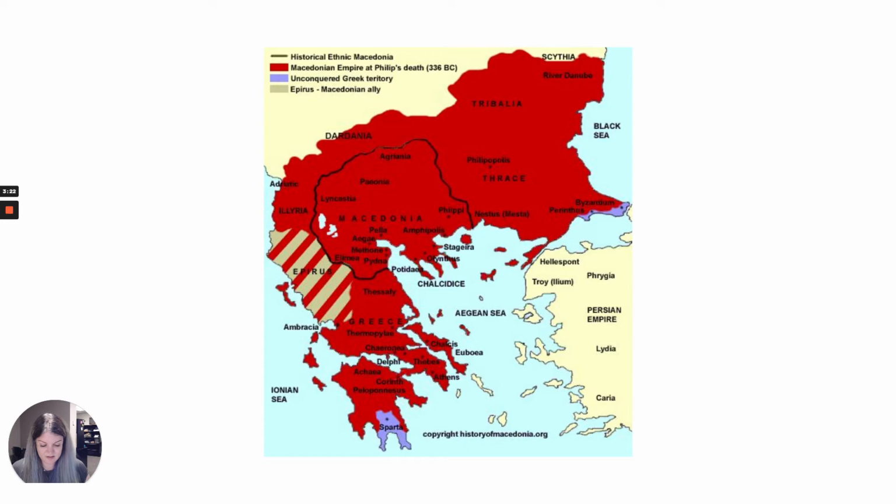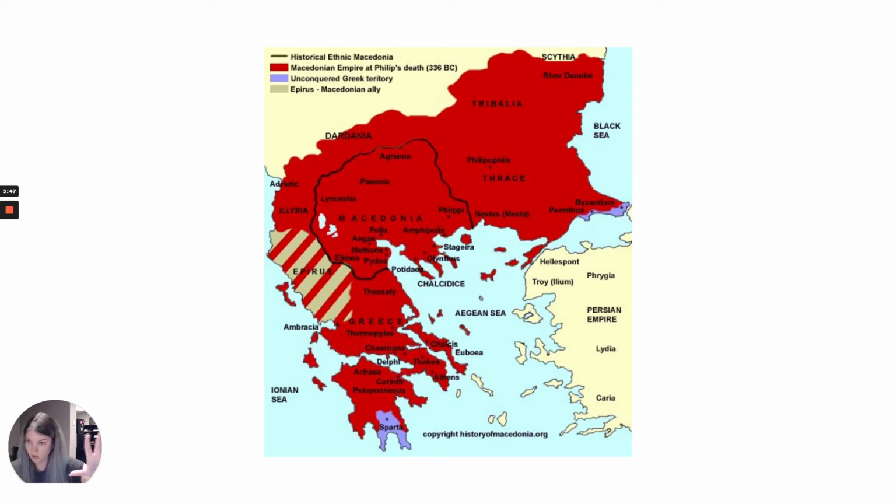And in this weakened state, the Macedonian king takes over. And the king at this time of Macedonia is Philip II, and you can see Macedonia is up there just north of Greece. And so when Philip II is king, he's king until he dies in 336 BC. And this map shows everything that was their territory at the time of his death.